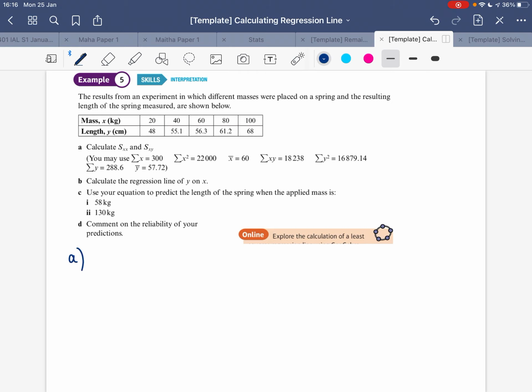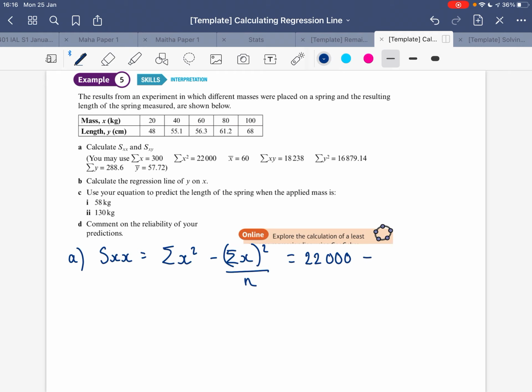So Sxx is the sum of x squared minus the sum of x all squared over n. In this case, we've been given some of the numbers that we need. So the sum of x squared is 22,000.